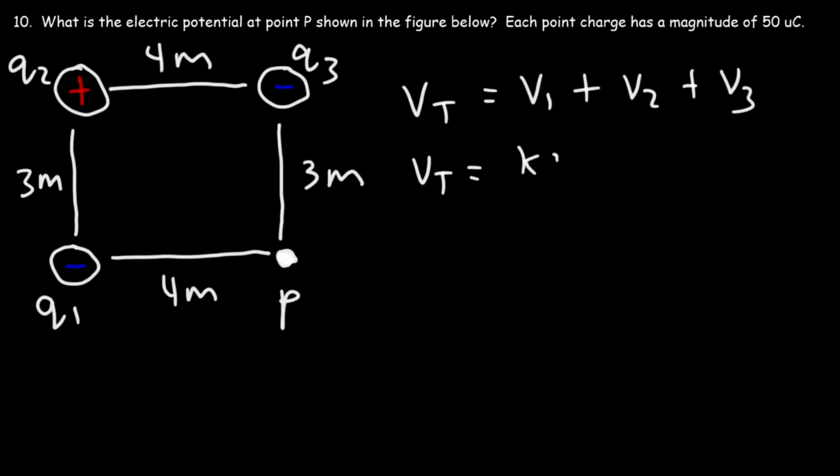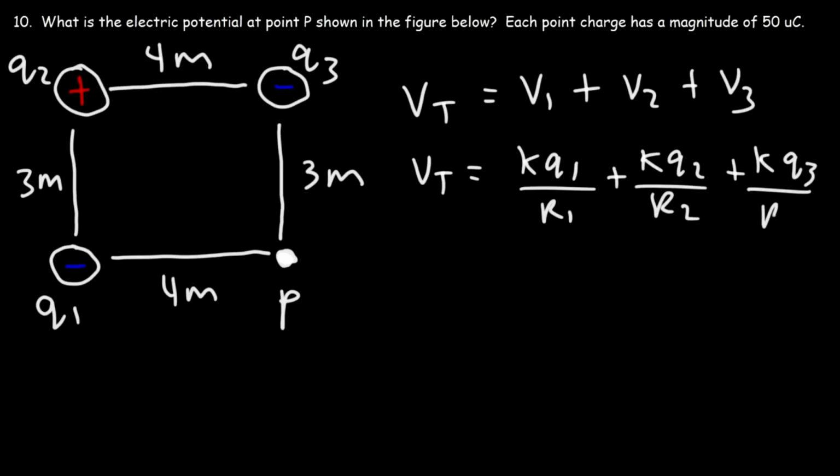So V1 is going to be KQ1 over R1, V2 is going to be KQ2 over R2, and V3 is KQ3 over R3. So what we're going to do is factor out a K. Now Q1, it's going to be negative 50 microcoulombs, or negative 50 times 10 to the minus 6.